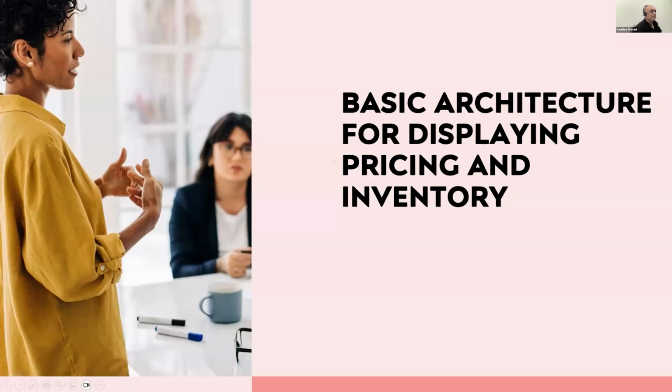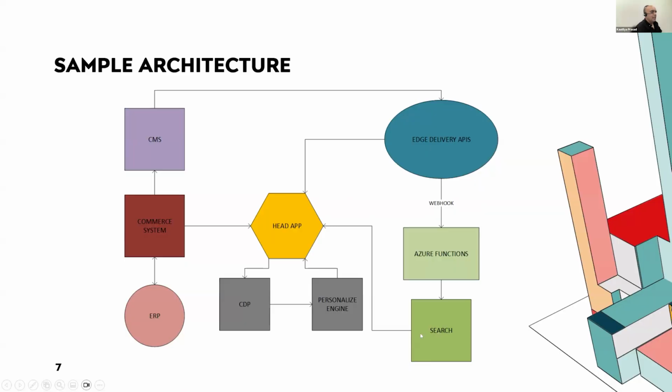widget. That means everything needs to go to search. How does it go to search? It goes via the delivery API. There's a webhook, and any time there's a publish, it calculates the price and sends it to search. We cannot crawl it, because the challenge here is that it needs to be updated very frequently.